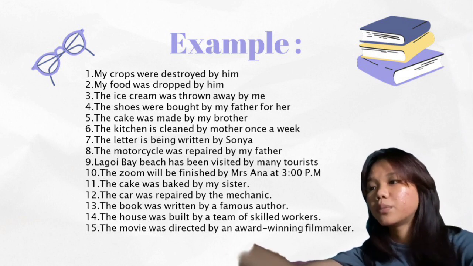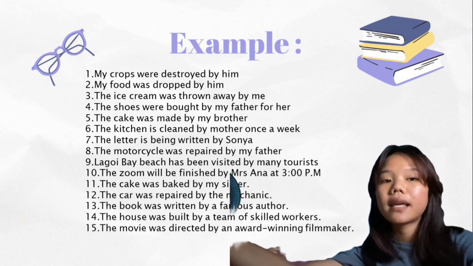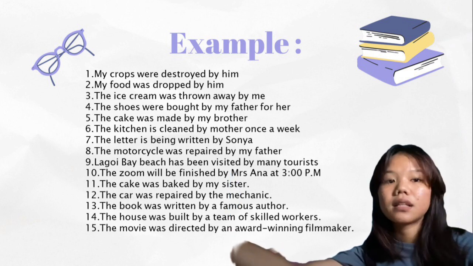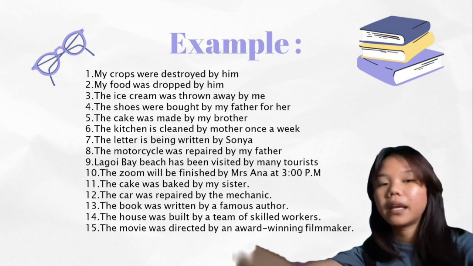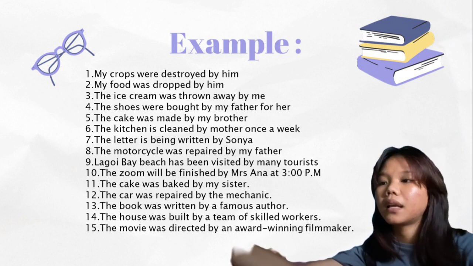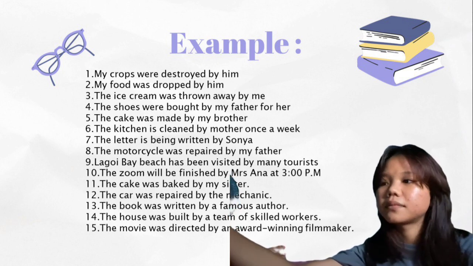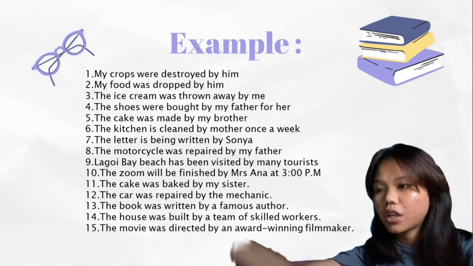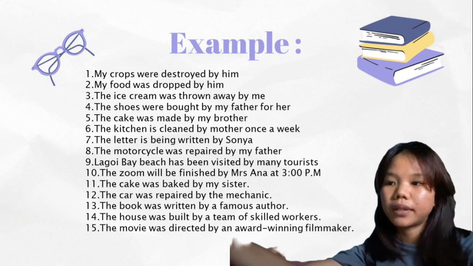8, the motorcycle was repaired by my father. The motorcycle is the object, was is to be, repaired is verb 3, by my father is the subject. 9, Lagoi Beach has been visited by many tourists.